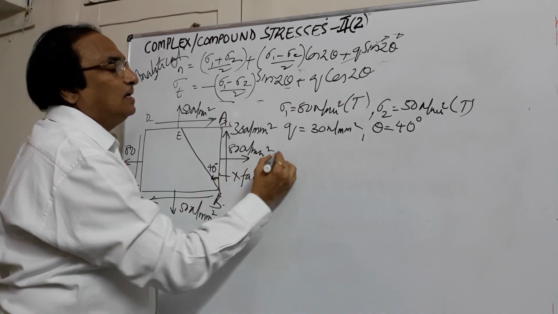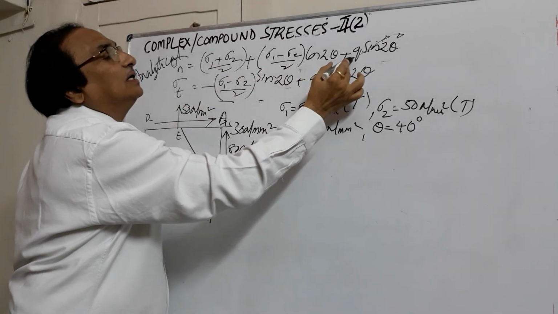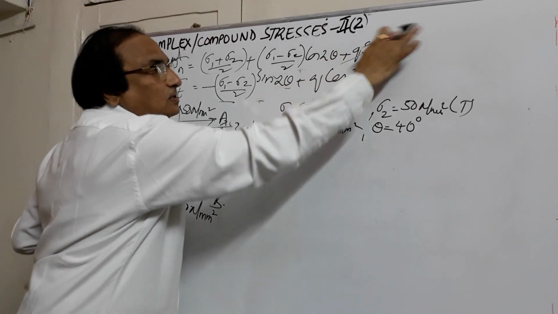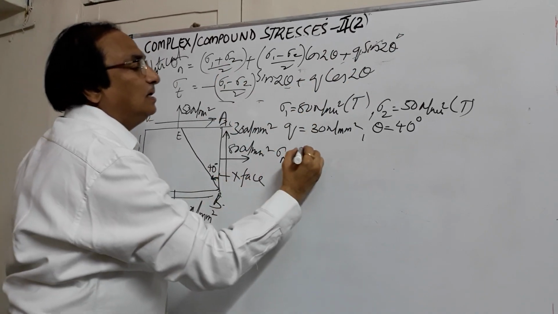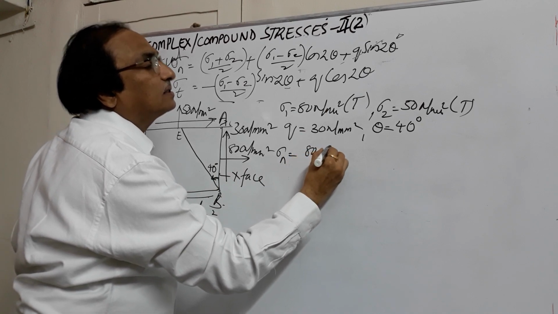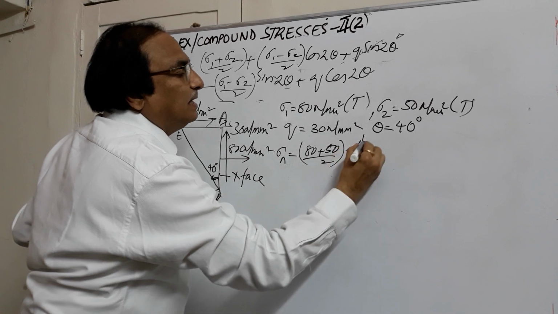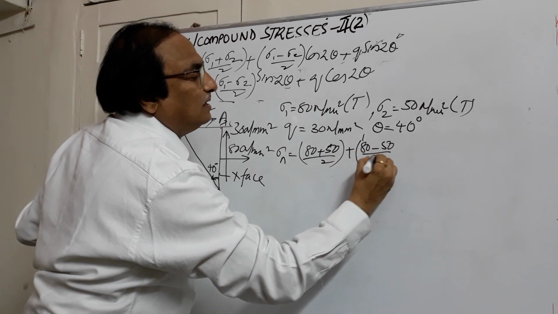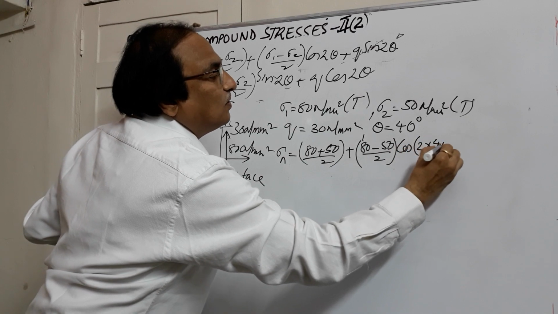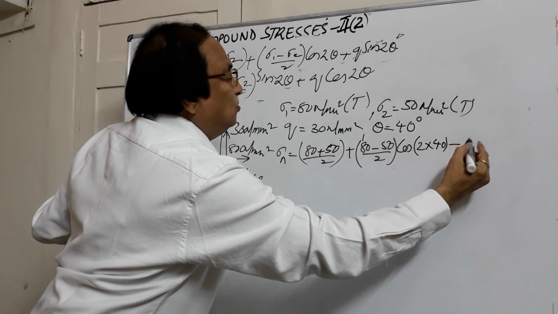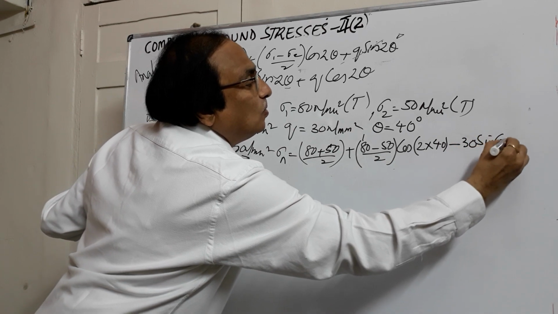The formula remains the same. For normal stress, in this case Q is also there, it is not 0 as in the earlier case. If I substitute the values in this formula, it will be 80 plus 50 divided by 2, plus 80 minus 50 divided by 2, cos of 2 into theta, which is 40, minus Q, which is 30, into sine 2 into 40.